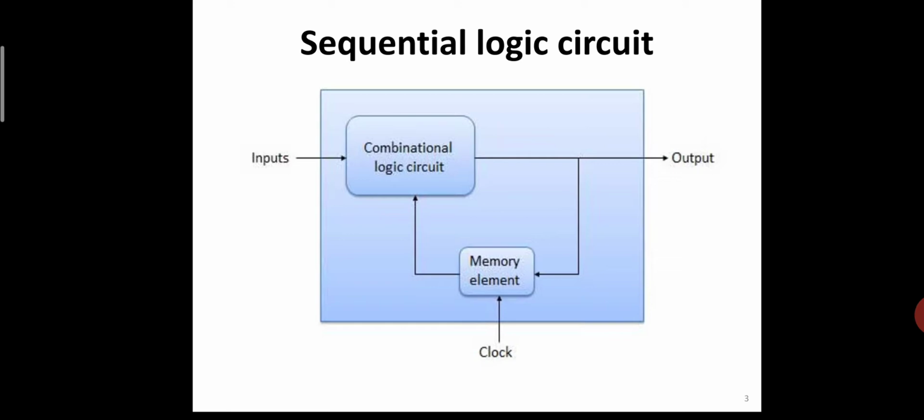So we can construct the sequential circuit by using a combinational circuit. We modify the combinational circuit by connecting one feedback memory unit, so automatically the combinational circuit will be converted into a sequential circuit. Therefore, with 1 bit of memory we are going to store the past outputs.